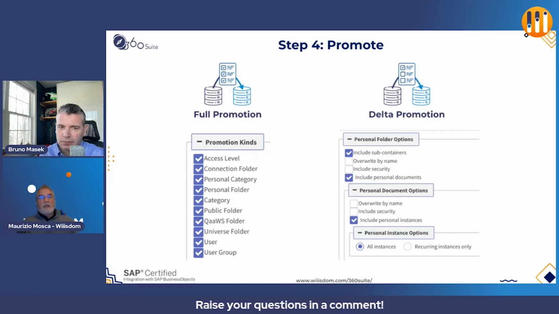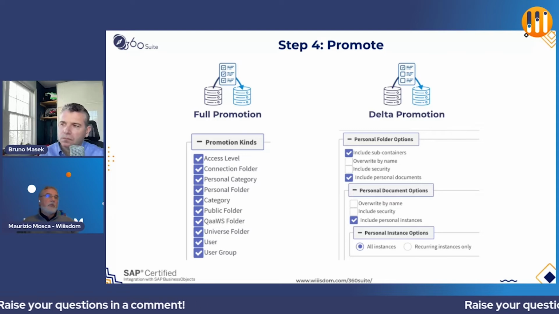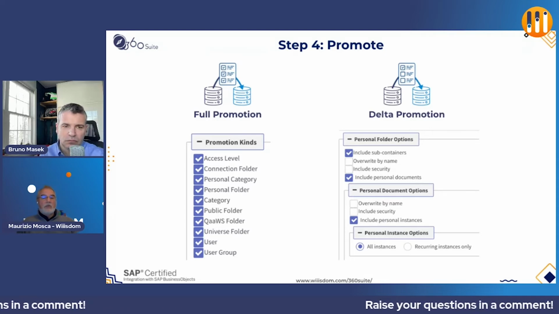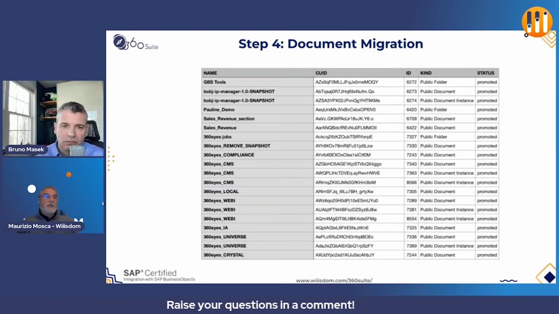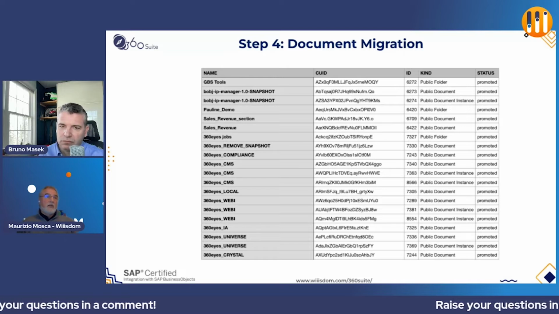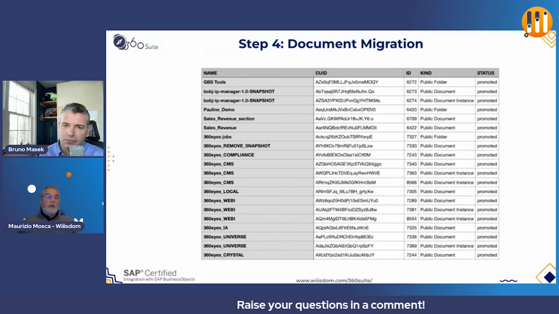So there again, with our tools, you can have an initial full promotion, and then you can have your delta promotions where only what's been created new or changed since the last one gets migrated. Again, very quick, minimal downtime or no downtime at all, and very secure, also because you can monitor what's been promoted.